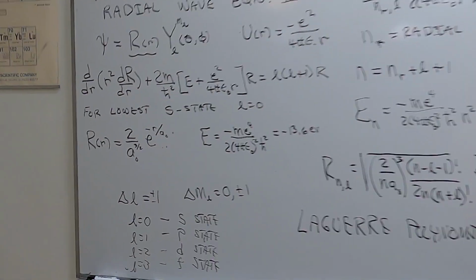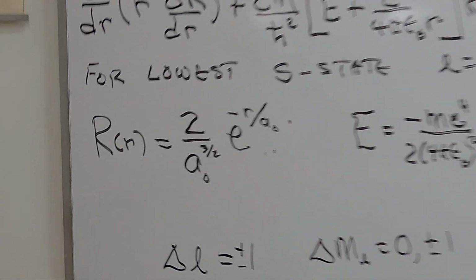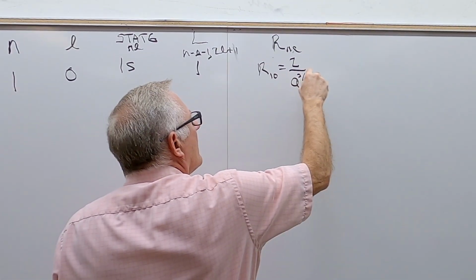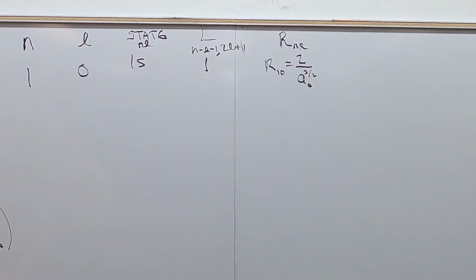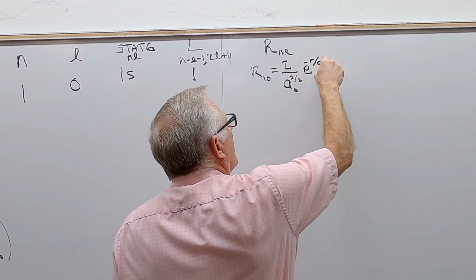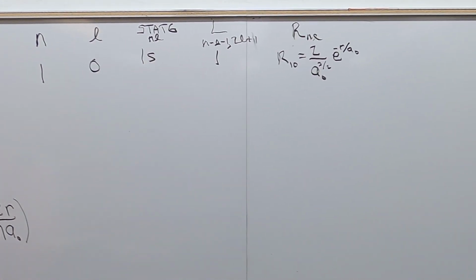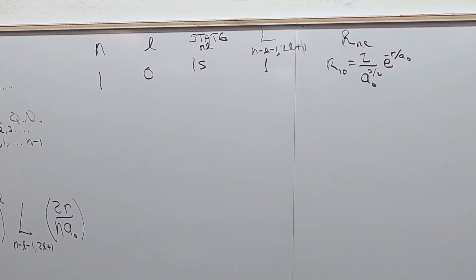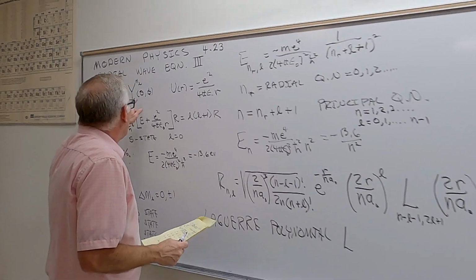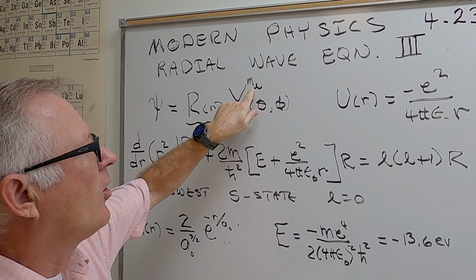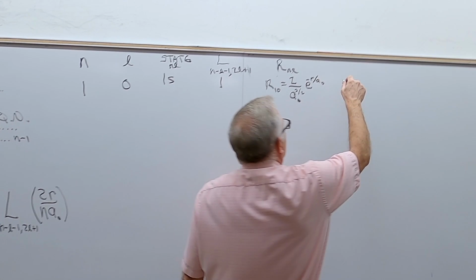It's 2 over a naught, all to the 3 halves, e to the minus r over a naught. Okay. Now, before going to the next row right here, what is this term right here? Well, l is 0, we already know, and so m sub l can only be 0 when l is 0. So let me put m sub l over here.